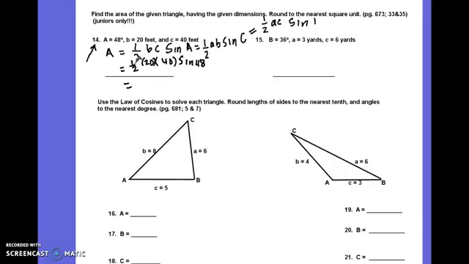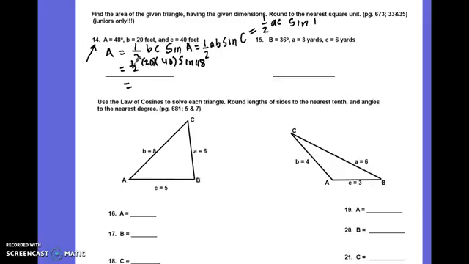I'm going to do sine 48 first, then multiply that by 40, and then multiply that by 20, and I'll divide that by 2, and I'm getting 297 point, either 2 or 3.